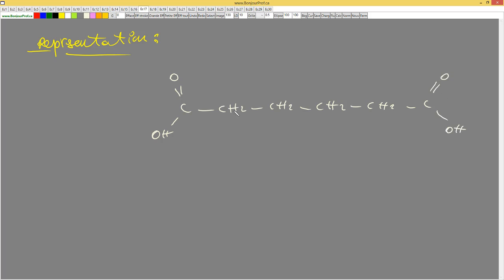We don't represent the carbons and the hydrogens, like with the cyclics. You remember the cyclics? This one, for example, is hexane, this one pentane, but we don't represent the carbons.